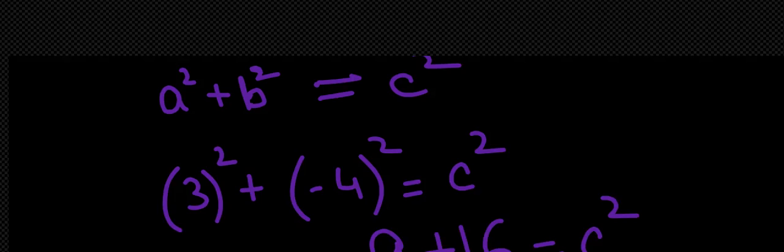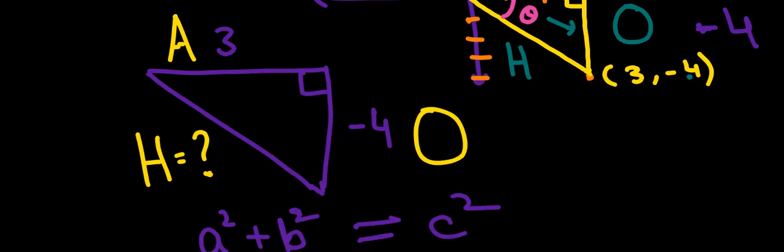So going back to our triangle, this side, the hypotenuse, is going to be 5. I'm going to write 5 here. And I'll draw the triangle once again.